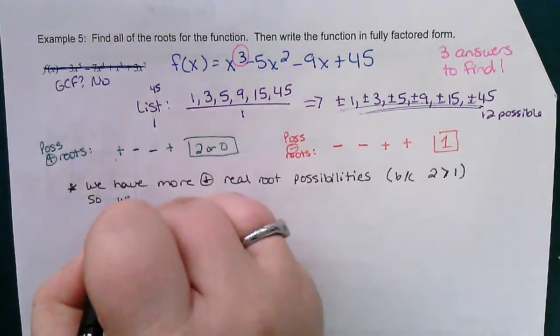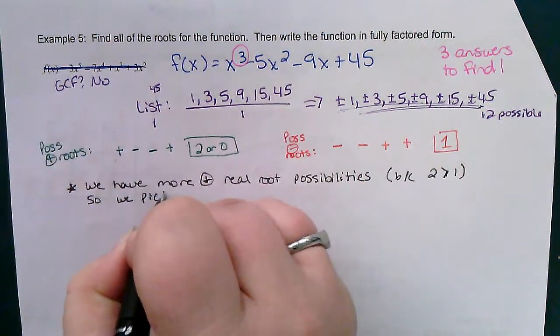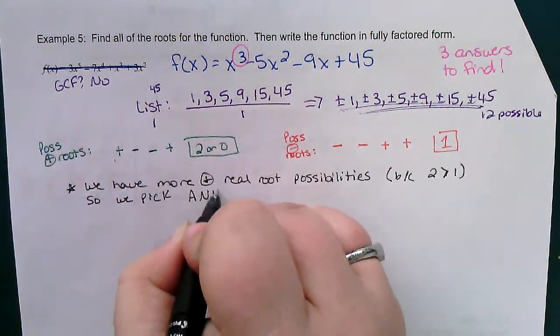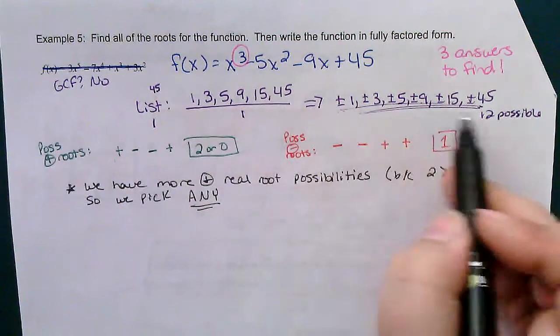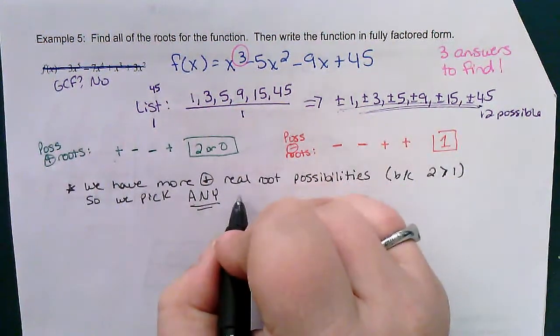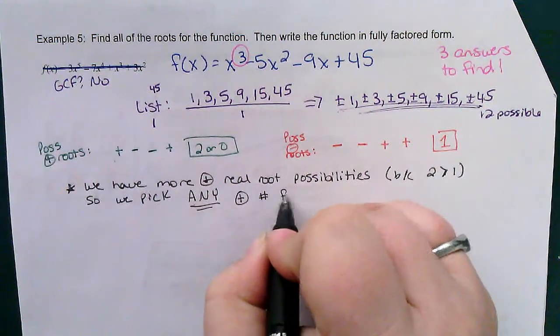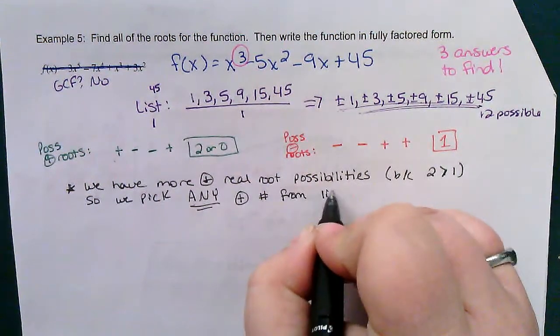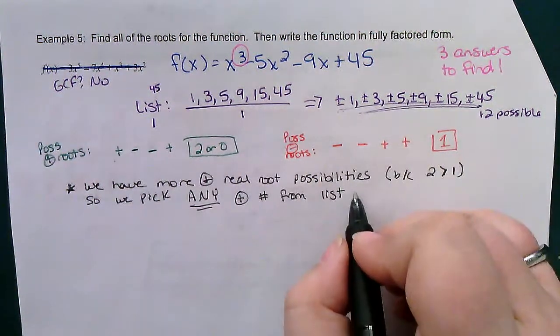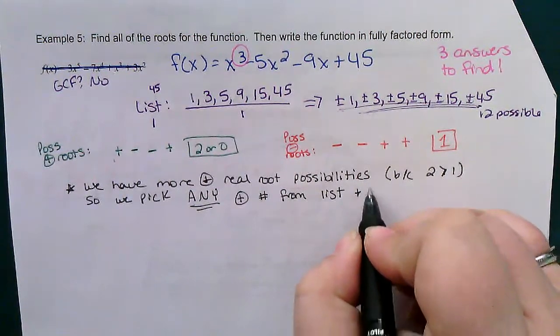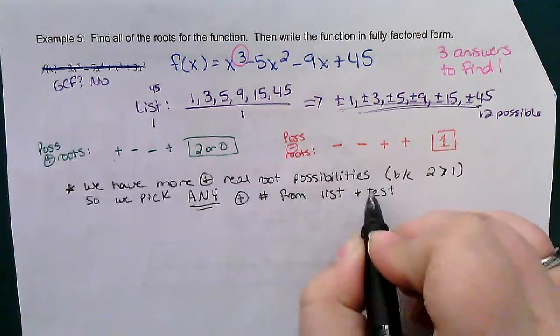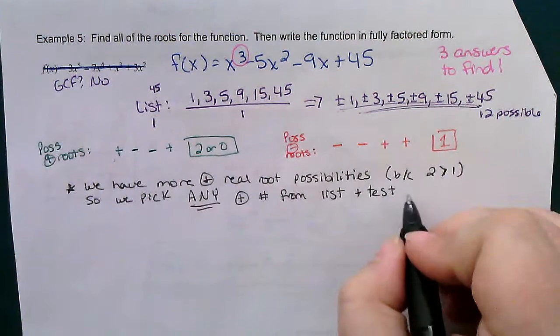So we can pick any number from this list, but we are going to pick a positive number because there's more positive possibilities. And we are going to test that using synthetic division.